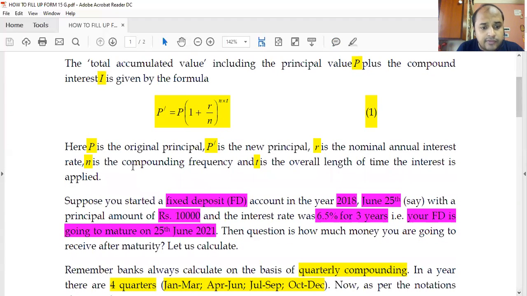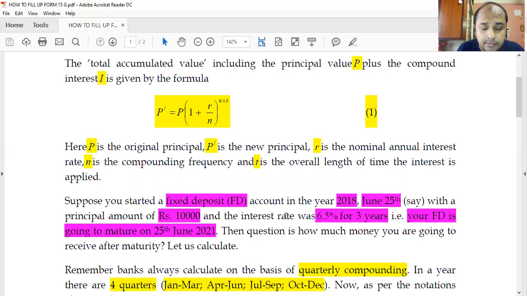Suppose you have started a fixed deposit, and here I'm going to talk about fixed deposits only because 15H and 15G forms are to be submitted with respect to fixed deposits and not any other deposits. Suppose you have started a fixed deposit, abbreviated as FD, in the year 2018, say June 25th, with a principal amount of rupees 10,000.